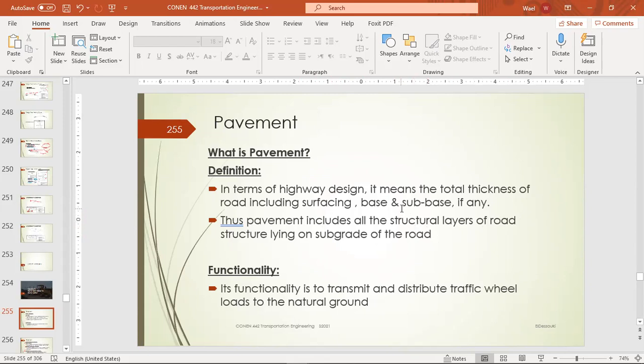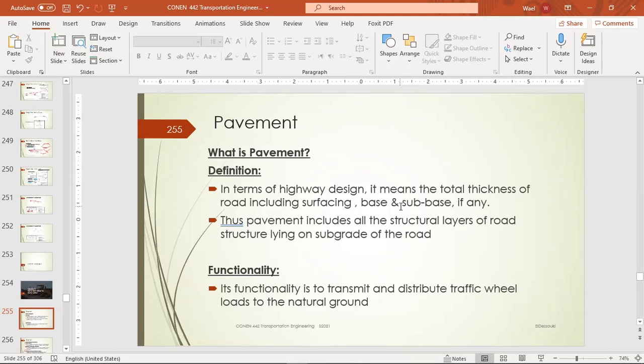Doctor, is pavement the subcourse and these things, or the sidewalk? No, pavement is the road. Anything above the natural ground is considered pavement. Does it include the lanes of the street plus the sidewalk? The sidewalk is another issue. Sidewalks are in urban areas, so sidewalks are sidewalks, but we're talking about pavement, the one that vehicles drive over.